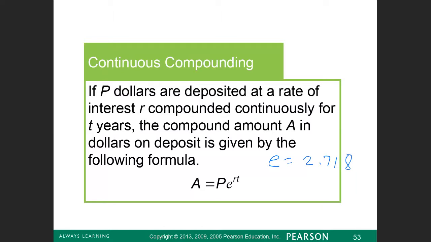But just press that E in your calculator so you can actually get the exact value. So here's the formula. Future amount is our A, principal still the P, R is the rate, and T is our time, number of years.